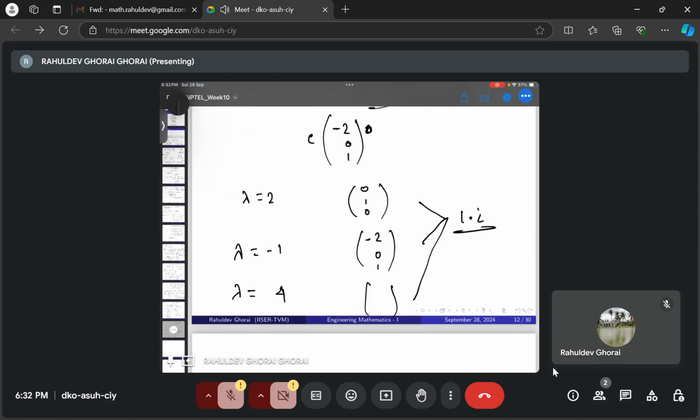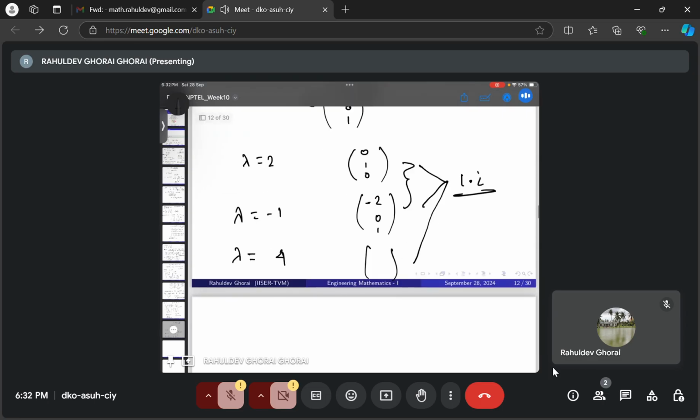First of all, you can try to show that these two are linearly independent, which you can show easily, and then you can prove it for all three. So this was a little bit of theory about eigenvalues and eigenvectors, which I wanted to say.